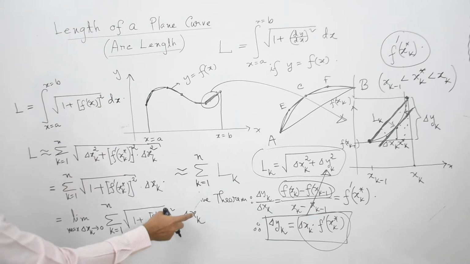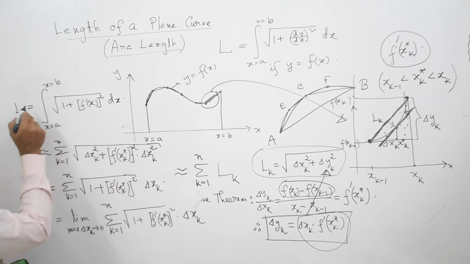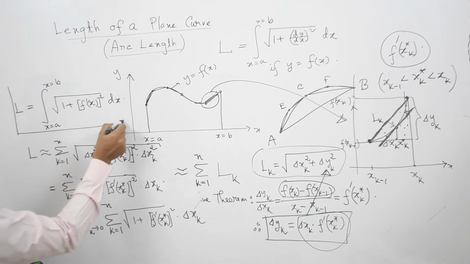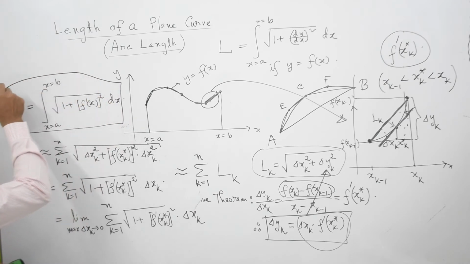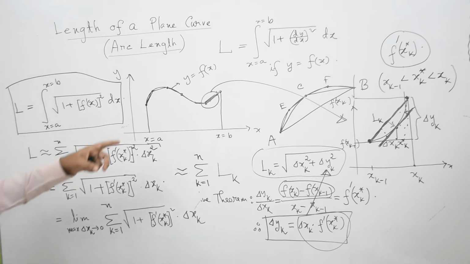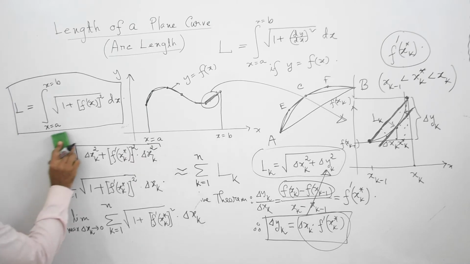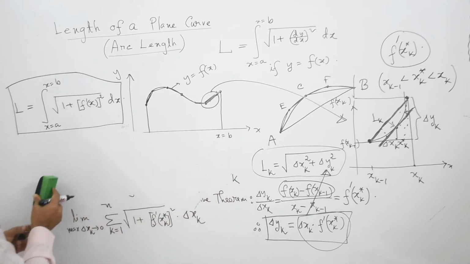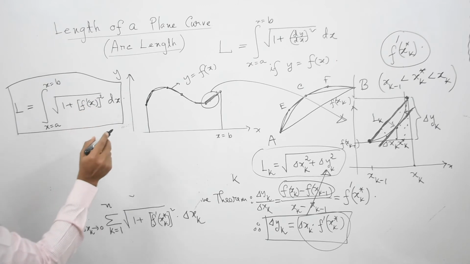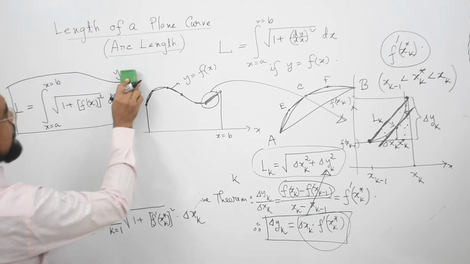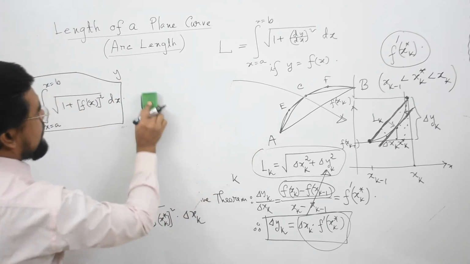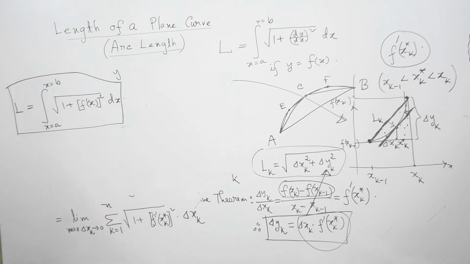This delta xk will convert to dx. So you see this formula is nothing but our arc length formula, from x equal a to x equal b, square root of 1 plus dy/dx whole square dx. So now I think you understand where this formula comes from. This is how we can calculate the arc length of a given curve.